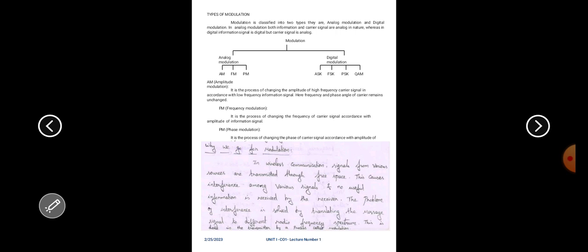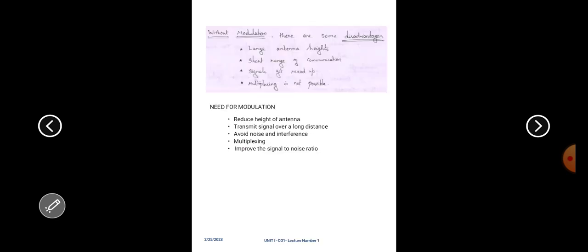This is known as modulation. Without modulation, there are some disadvantages during transmission: large antenna height, short range of communication, signals get mixed up, and multiplexing is not possible.